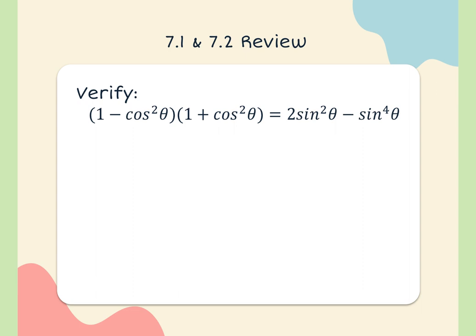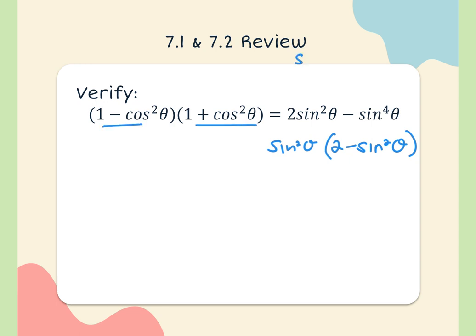All right, with this one, a lot of you maybe even had a hard time starting it. If you use the right side, that's helpful. If you factor the sine out on the right-hand side, let's say I take a sine squared out here, I end up with 2 minus sine squared theta. And then I want to rewrite this in terms of cosines because on the left, they're cosines.